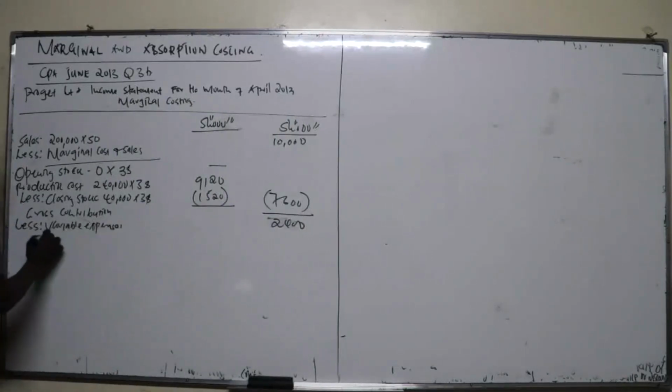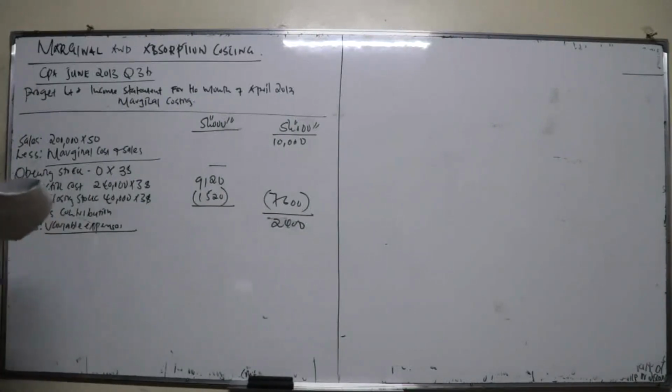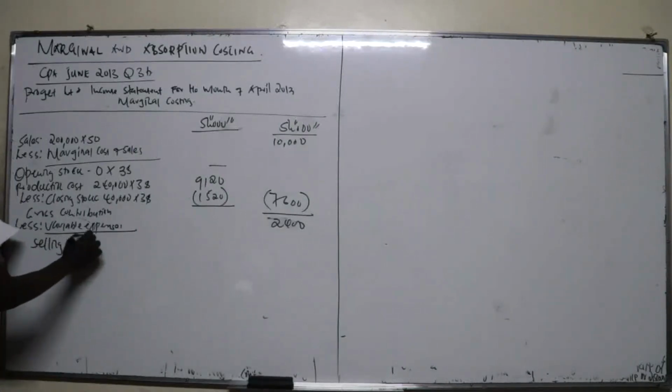You less variable expenses. How do you identify the variable expenses? We've been told variable selling cost is 2 shillings per unit. So we have variable selling. For all the units that were sold, they incurred a selling cost of 2 shillings. They sold how many units? 200,000, isn't it?